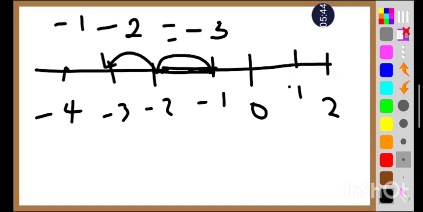Now, having seen this when the signs are the same, either using concrete objects, or a number line, or integer counters, you will notice that we can now apply a rule. When both signs are the same, we add the numbers and maintain the sign. Like negative 1 minus 2, the signs are the same.